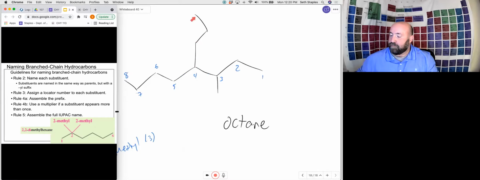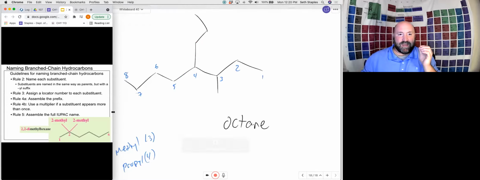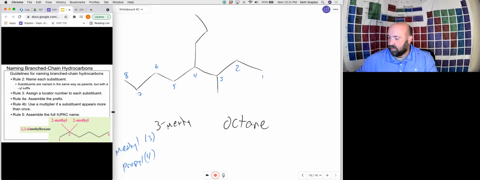This is a propyl group at the 4th position. Now, when we're putting the full name together, it worked out this way this time, but when you put the full name together, you write the substituents alphabetically, not in the number order. And so this one works out the same either way, but that means that this one would be 3-methyl 4-propyl octane.